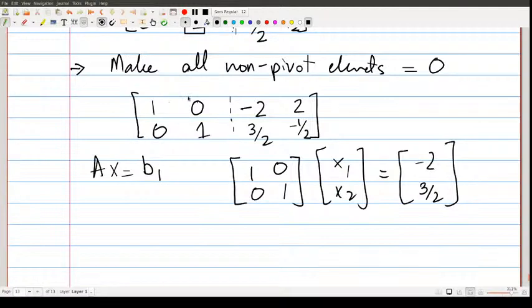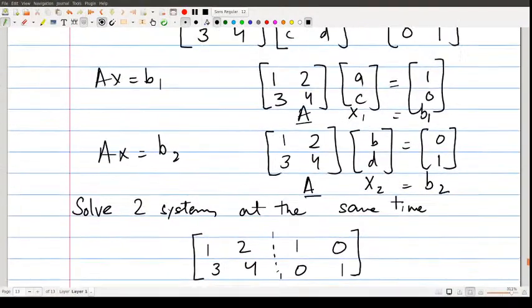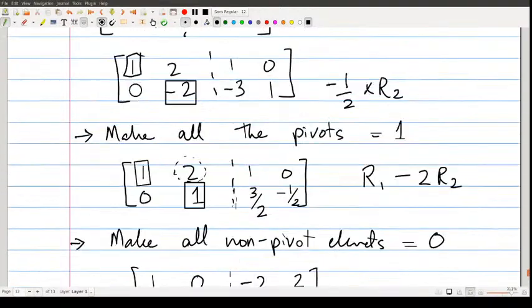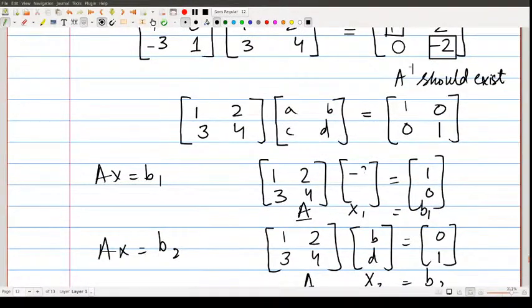Notice that when it turned into the identity matrix, you immediately get the solution: x2 equals 3 upon 2 and x1 equals minus 2. So the answer to the first system is minus 2 and 3 upon 2.